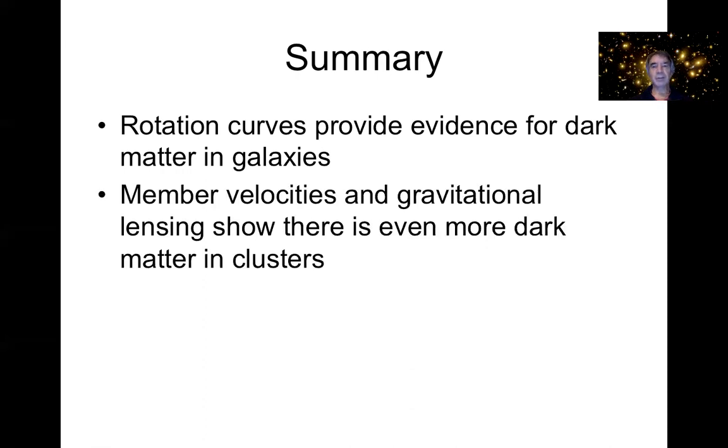And then if you go up to bigger scales, like clusters of galaxies, so obviously some of the biggest sort of structures that we know about in the universe, then both the speeds at which individual galaxies are moving around in clusters and the gravitational lensing evidence that we've just been talking about show that there is even more dark matter in clusters, at least 10 times more of the dark matter than there is visible matter.